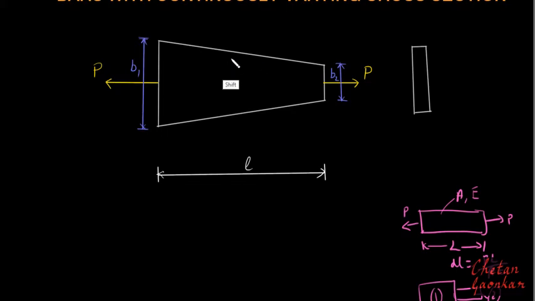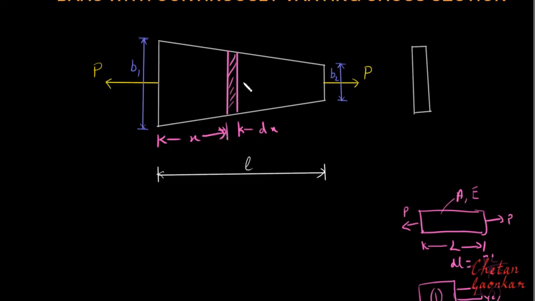Let us say I am considering it here, one small element, and I will say the length of this element is dx, and let this element be at a distance of x from this end, the end of b1.